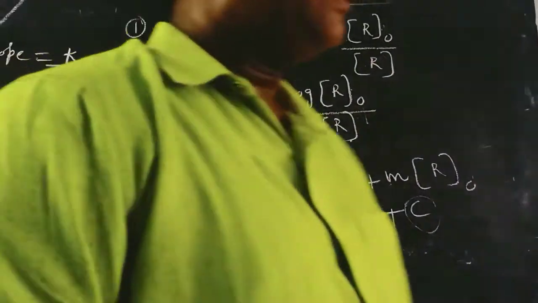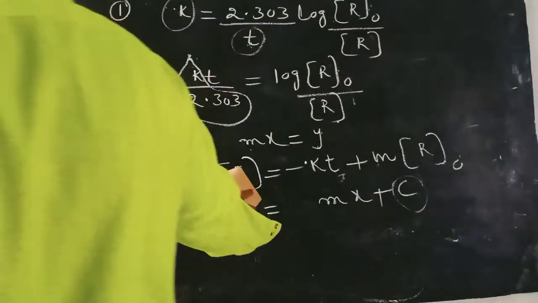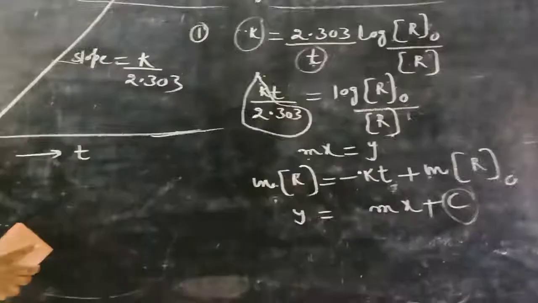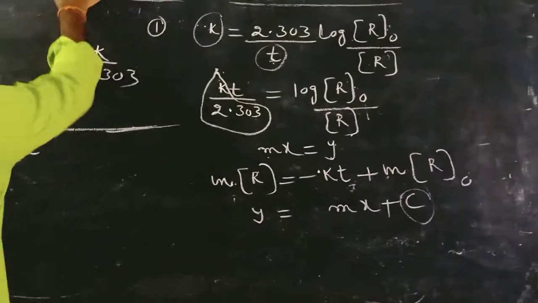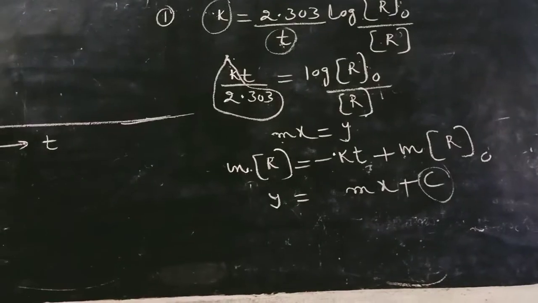Therefore, we draw a graph with ln [R] on the y coordinate and time on the x coordinate. This gives a straight line.